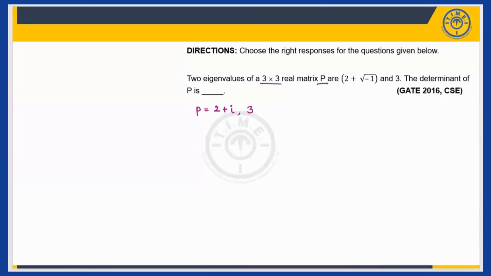So according to the properties, if a plus bi is an eigenvalue, then a minus bi is also an eigenvalue. So that means 2 minus i is also an eigenvalue. He's asking to find the determinant of P, which is the product of the eigenvalues, and that equals 3 times 5, which is 15.